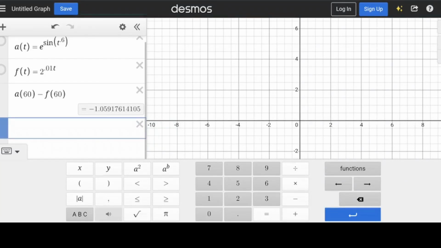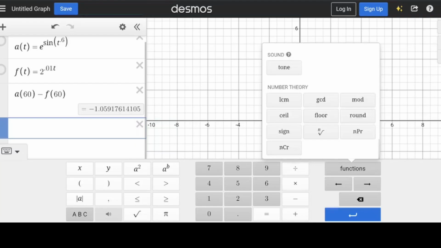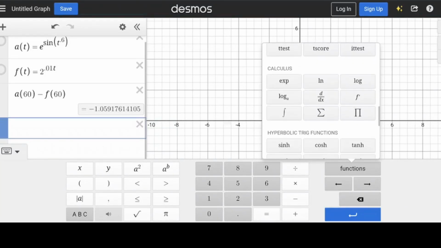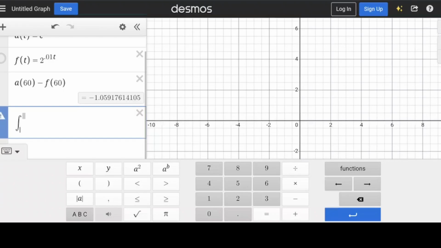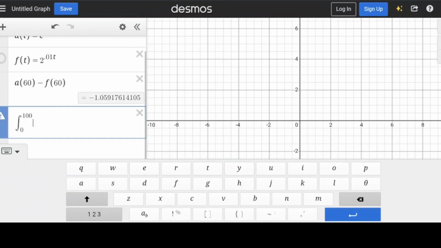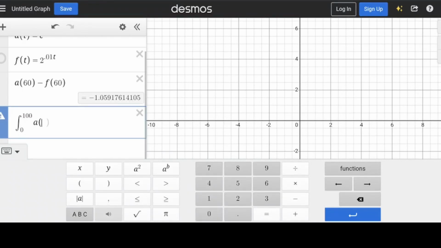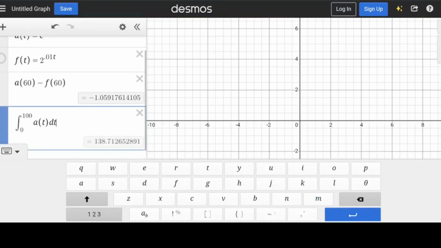So you can type in int, or you can scroll down to calculus and ask for the integral from 0 up to 100 of a of t dt. That would give me 138.713 bugs.